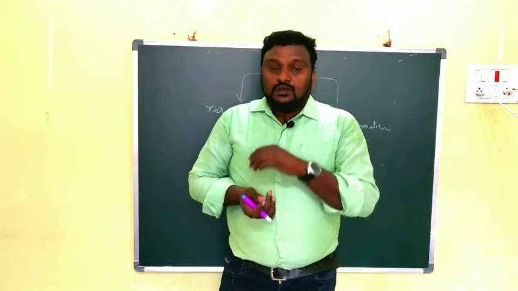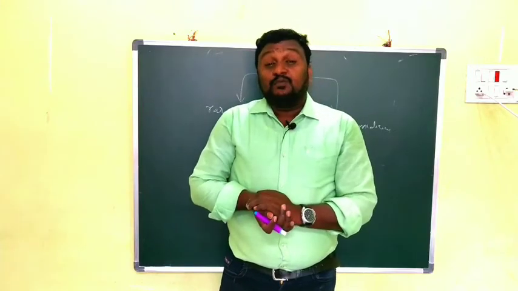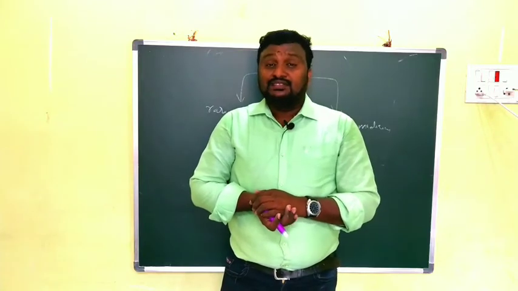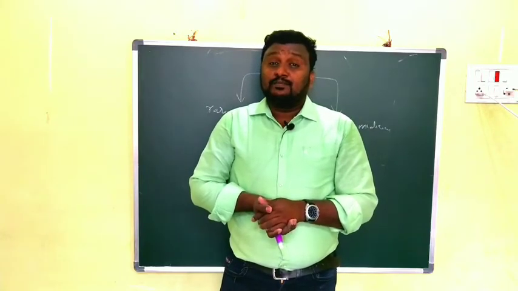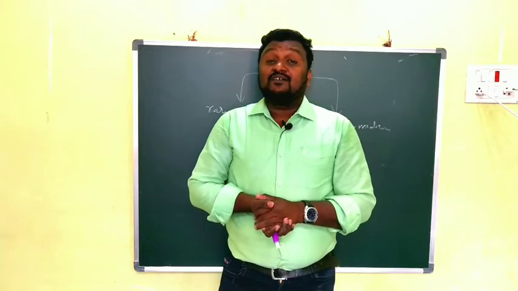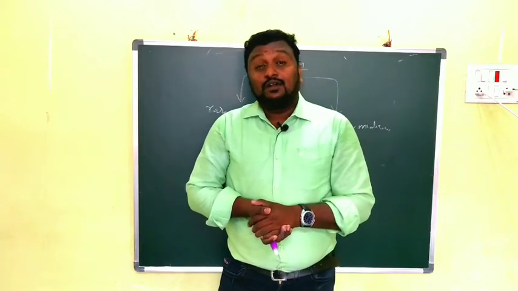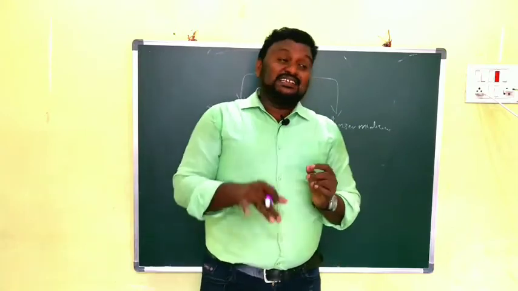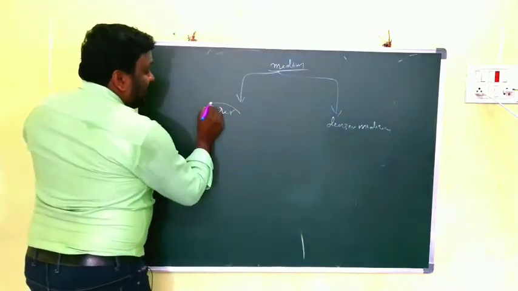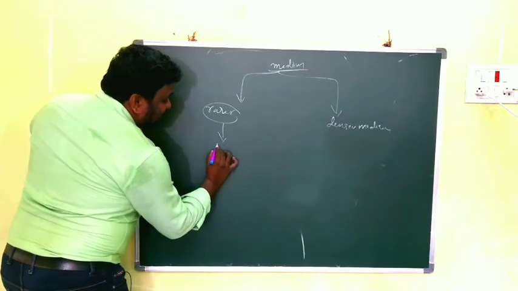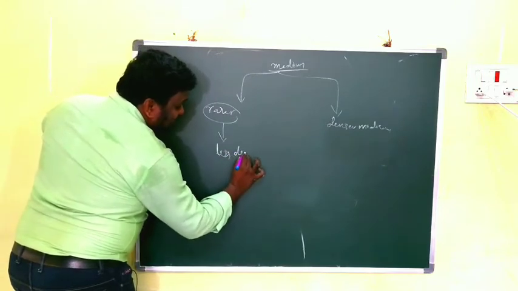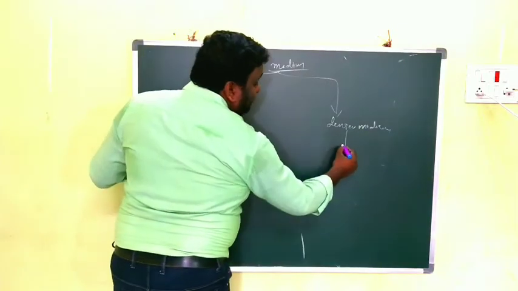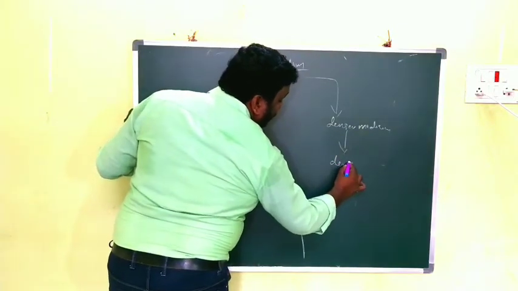Clear, children? In the case of a denser medium, the density is more. The medium which has more density should be called the denser medium. And the medium which has less density is the rarer medium. For rarer medium the density is less, and for denser medium the density is more.